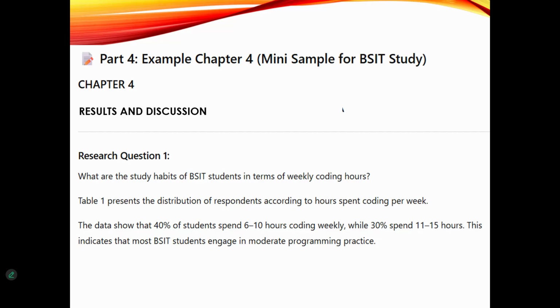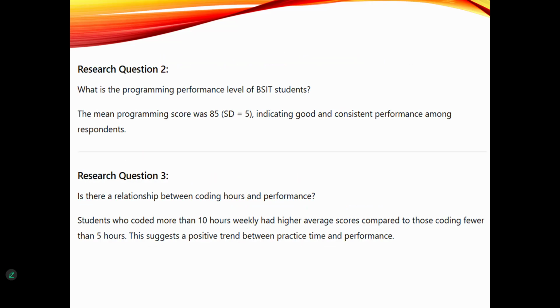So the data show that 40% of students spend 6 to 10 hours coding, while 30% spend 11 to 15 hours. This indicates that most BSIT students engage in moderate programming practice. Okay? So again, what is the programming performance level of BSIT students? The mean programming score was 85, SD equals 5, indicating good and consistent performance among the respondents.